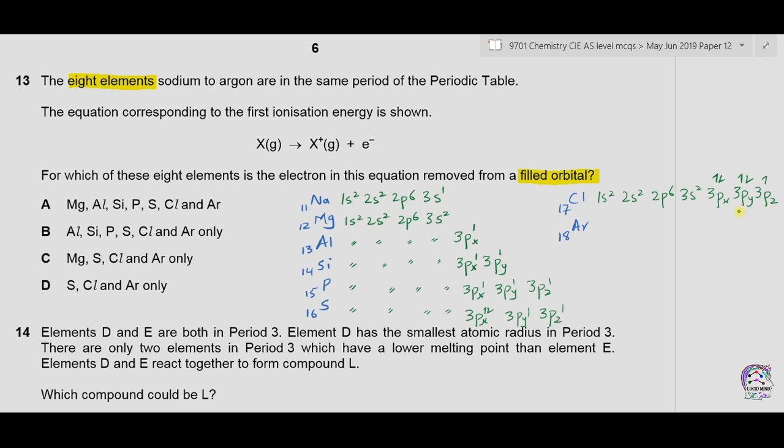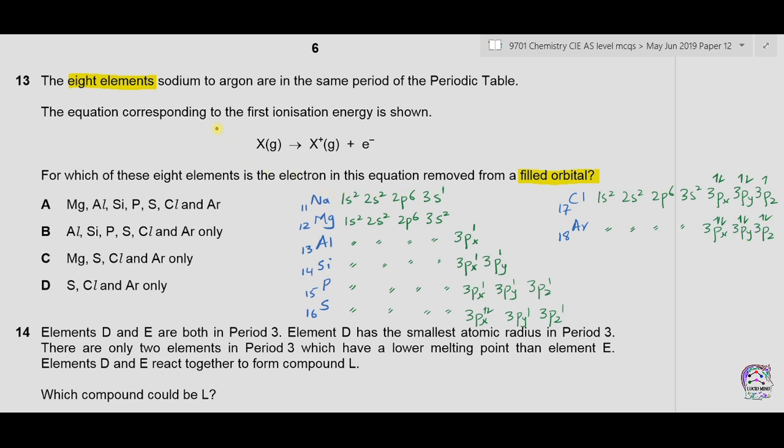Similarly for argon, all of the shells are complete, so we can write 1s2, 2s2, 2p6, 3s2, 3px, 3py, 3pz, and each of these orbitals has 2 electrons each.